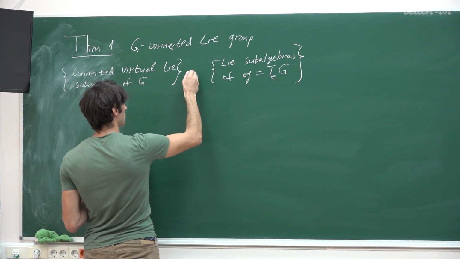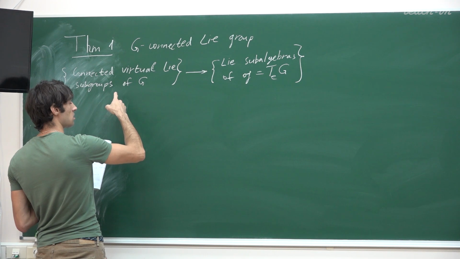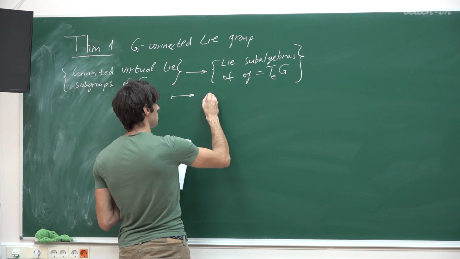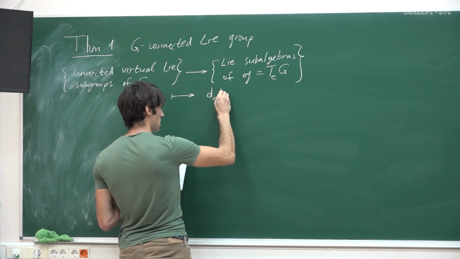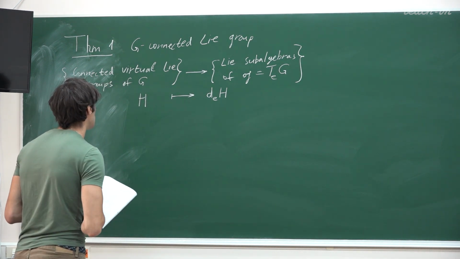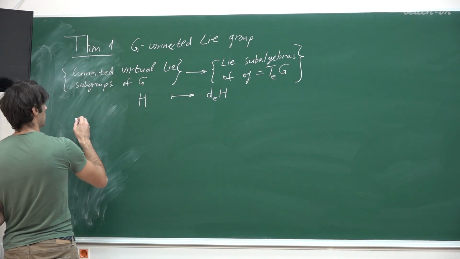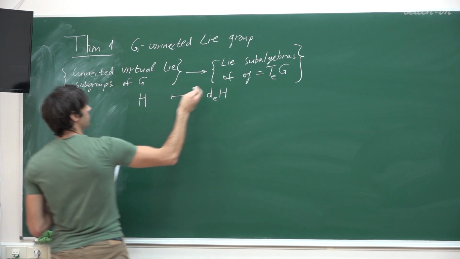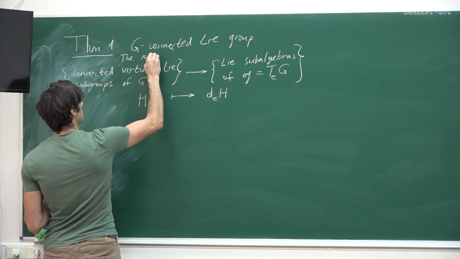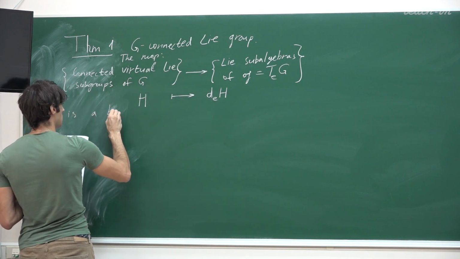And we can construct a map from here to here: take a group, and consider its tangent space at identity. So the statement is that this map is a bijection.